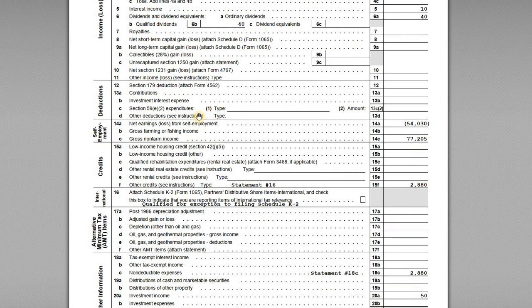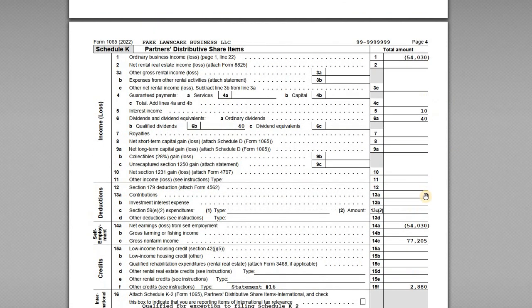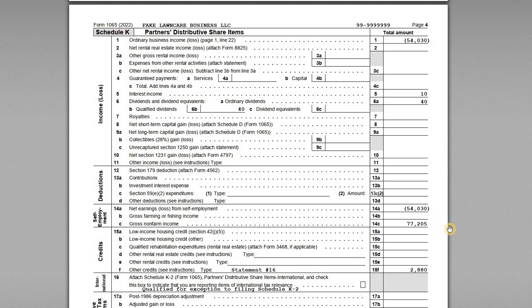Now moving on down here, the self-employment section, so net earnings from self-employment, notice how that just matches the line 1 amount. So these are deemed to be self-employed earnings because when partners actively participate in the business, the amount of line 1, ordinary income or loss, being passed on to them is self-employed earnings. Now the 14C amount, gross non-farm income, this is often reported because when we compute our self-employment tax using Schedule SE on the Form 1040, there are various methods you can use, right?